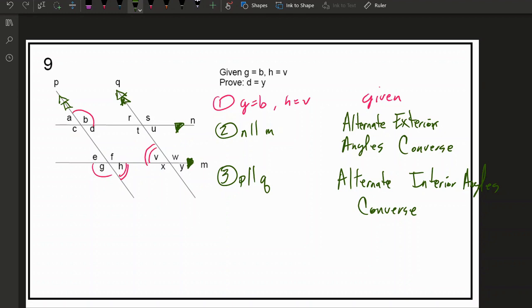So I'm trying to prove now that D is equal to Y. So I'm going to switch colors here so I don't get confused. I've got D right here. I can say D can make the jump over here to H. So step 4, D is equal to H because of corresponding angles.